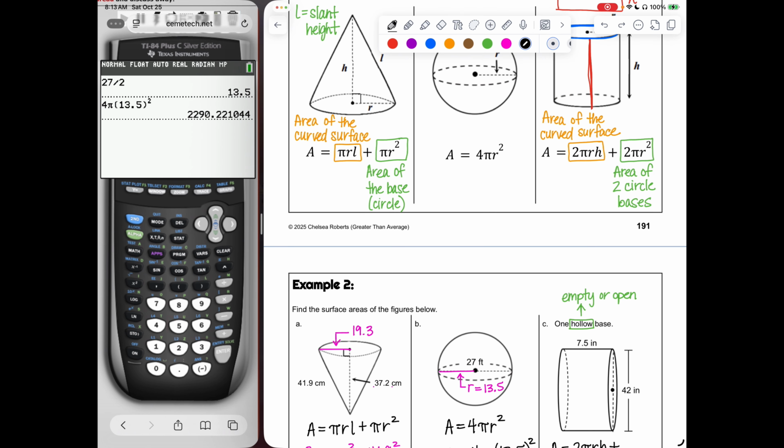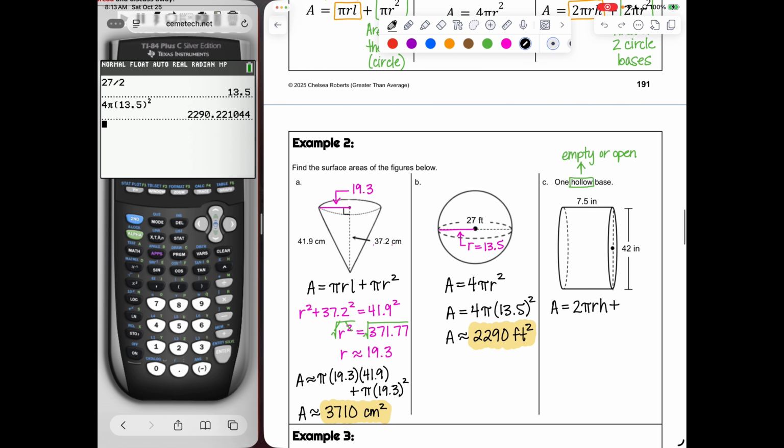They said one of the bases is hollow, so we're only going to have one circle here. So this is just going to be pi r squared because we're not going to include one of the circles because it is hollow. So I'm just going to mark an X here so we can know that we're not including it because it's open.